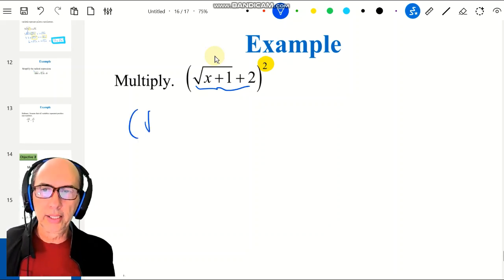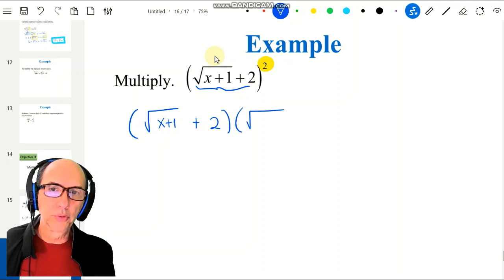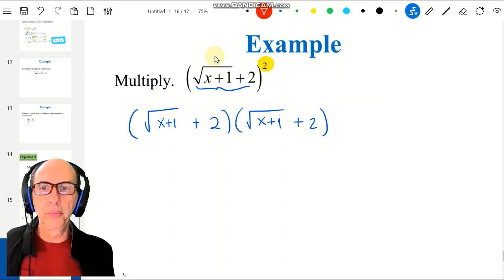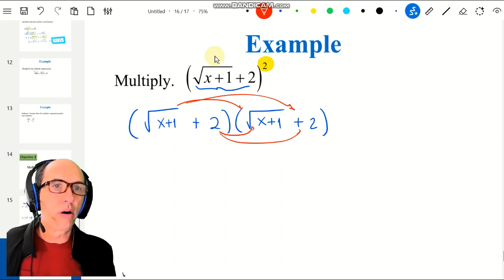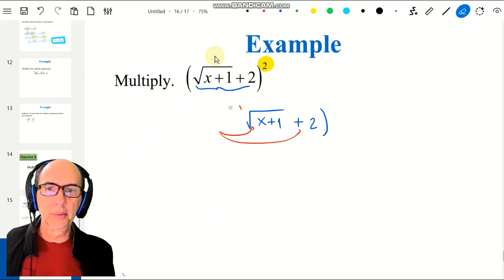You can write like this, plus 2 times square root of x plus 1 plus 2. Okay, and you apply FOIL method. You can do this, first, outer, inner, last. Or another option. Both options you have the same answer.